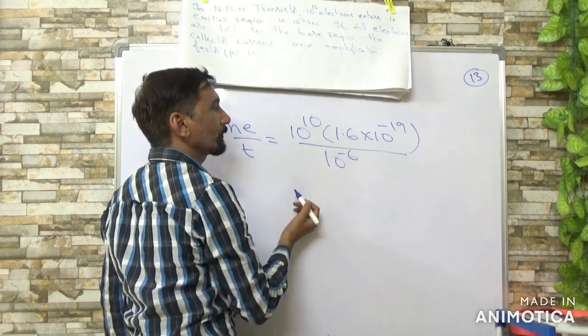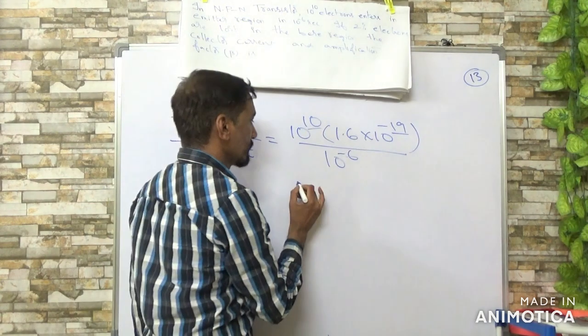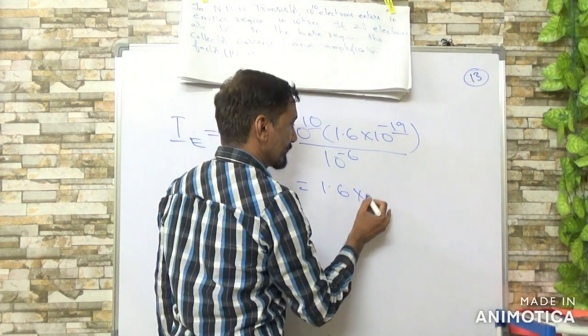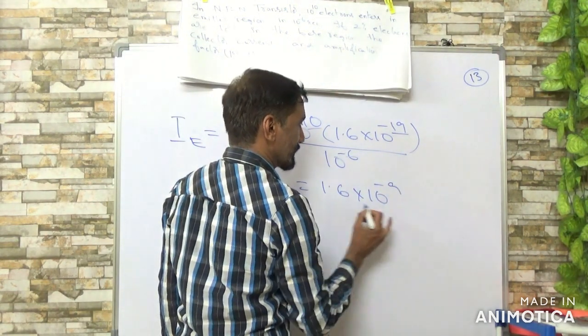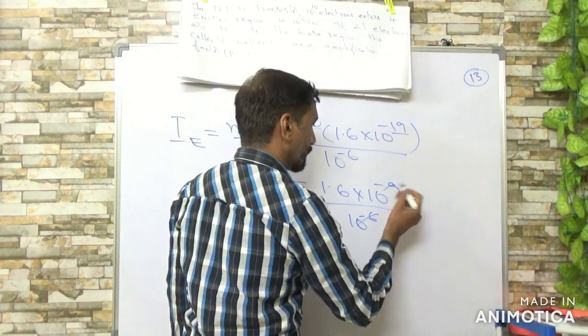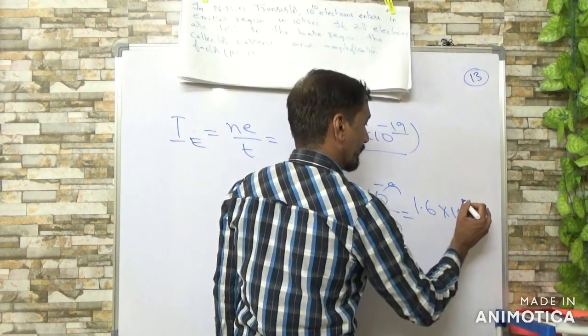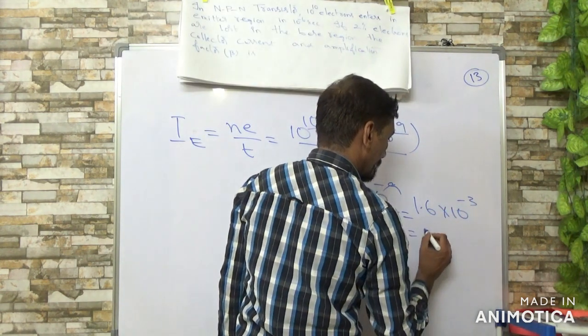So 1.6 into 10 power minus 9 by 10 power minus 6, cancelled. So 1.6 into 10 power minus 3.